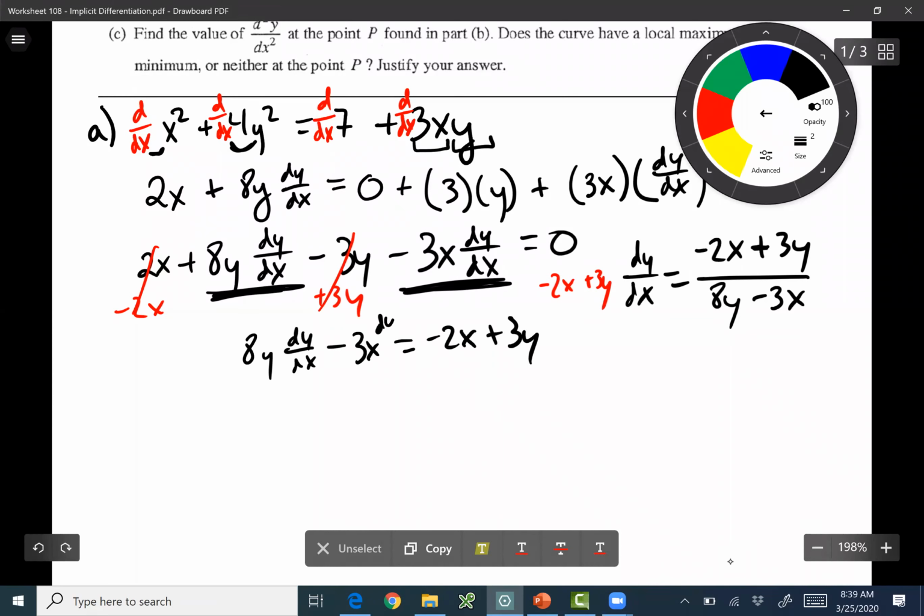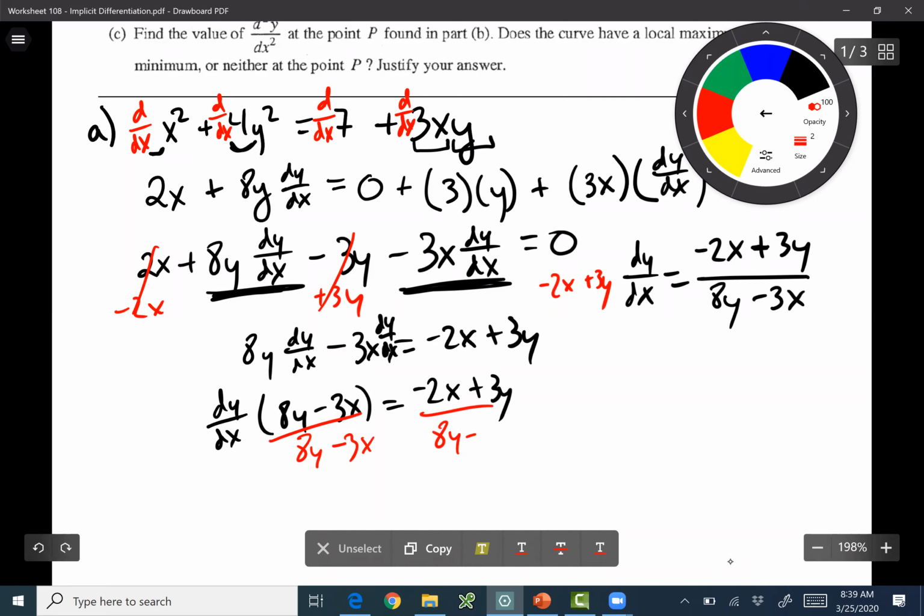Both of these have a dy/dx, so we factor out a dy/dx, and you divide by 8y minus 3x. And that would still take us up to here. So that's the longer version of it.